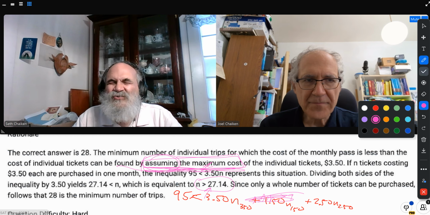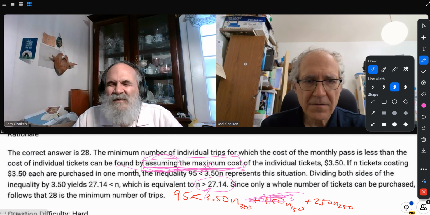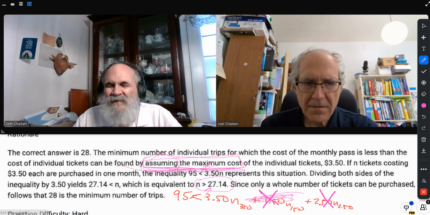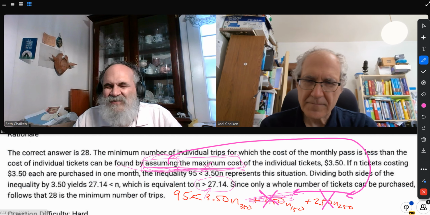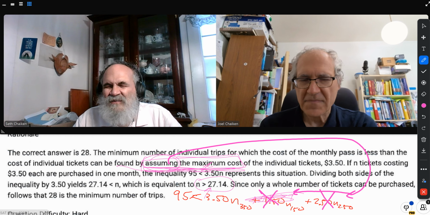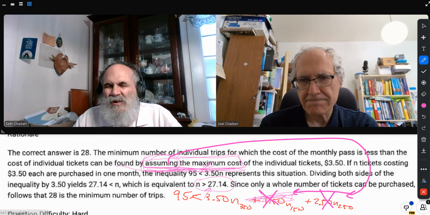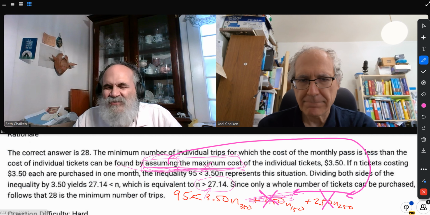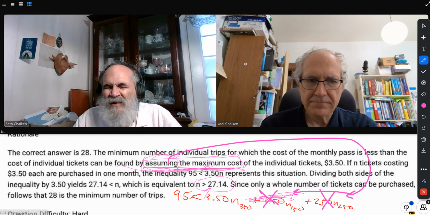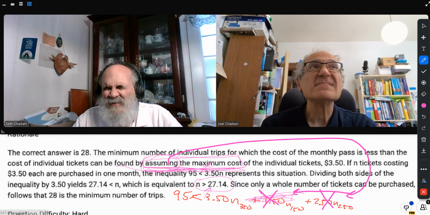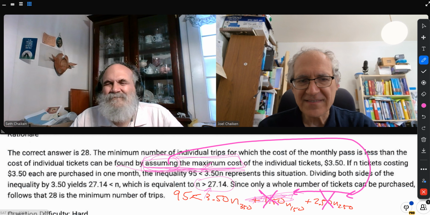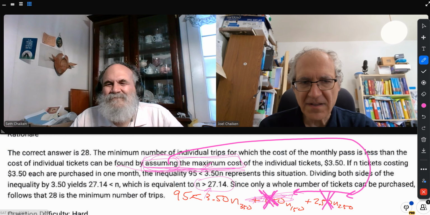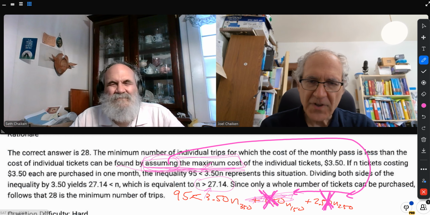So they use the intuition that the maximum cost is attained by the fewest tickets needed to be more expensive than the pass. They assume that you would achieve that using the maximum price tickets. That's what they did. So by assuming, they essentially crossed out what I did. They just ignore these.